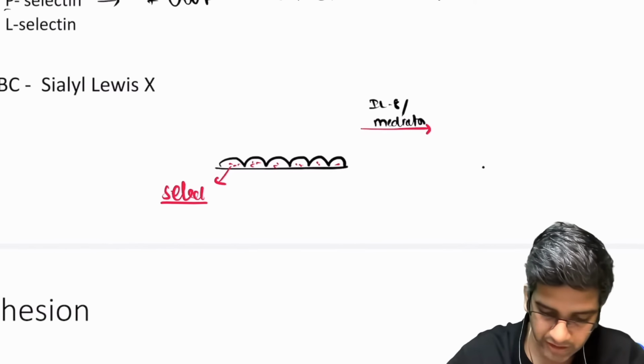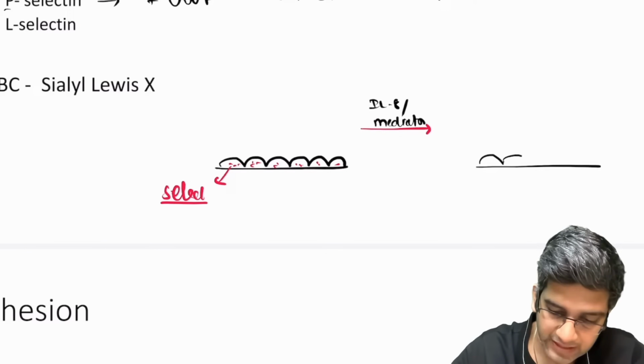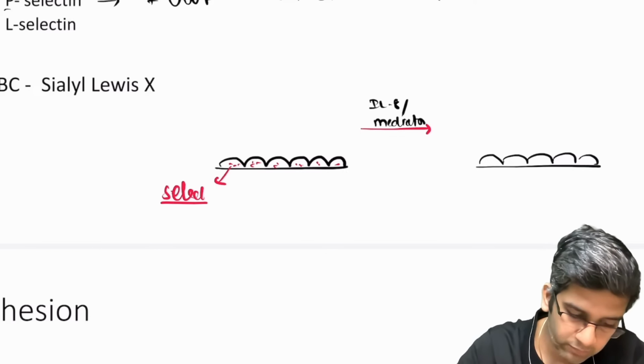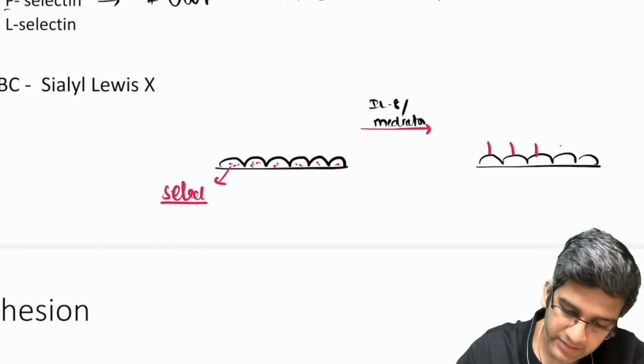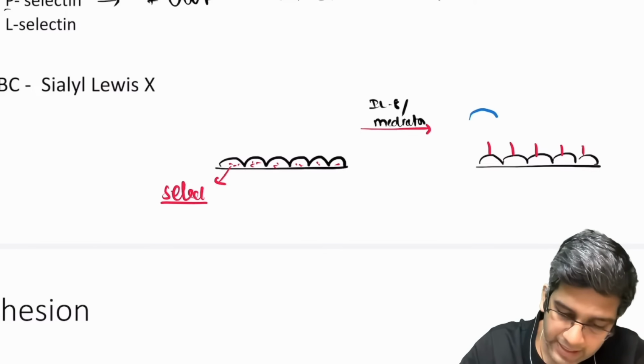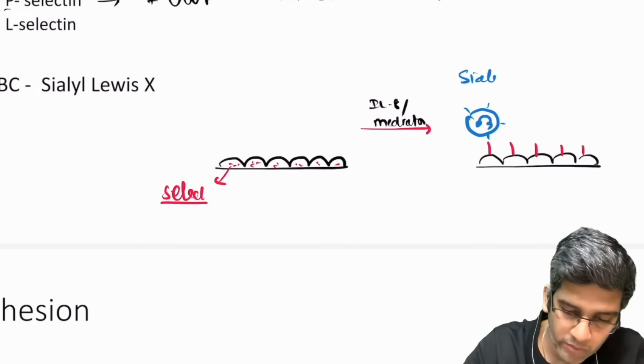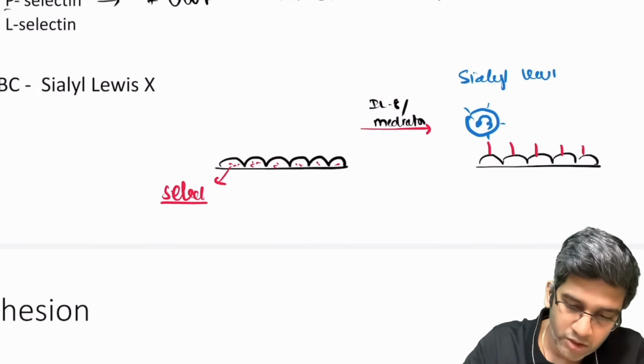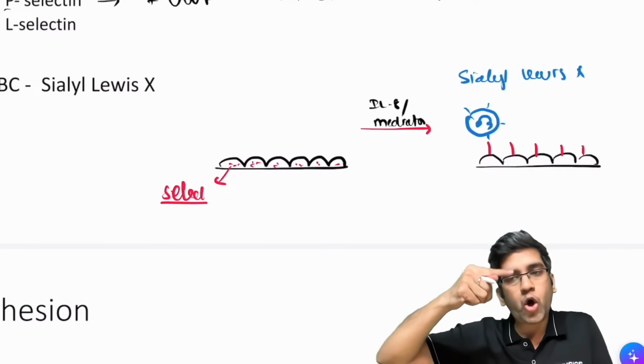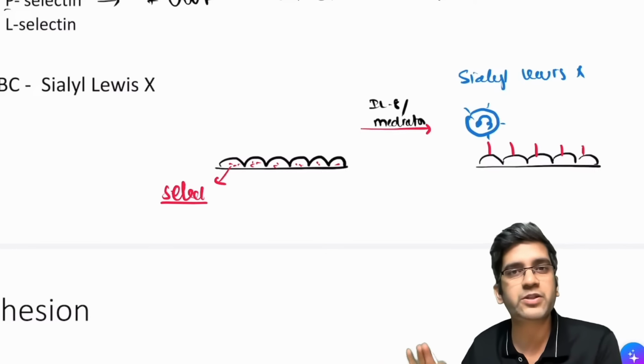Only when the mediators come, the selectin molecules will come to the surface. Surface expression of selectin, and you have the WBC binding to it. WBC will have the Cellular X receptor on its surface. This diagram explains everything.